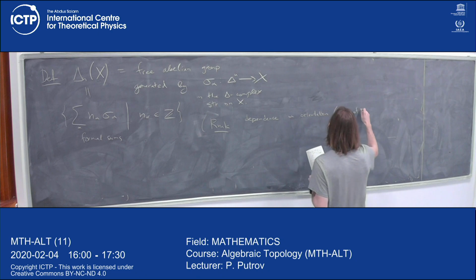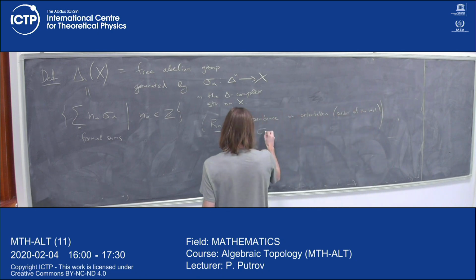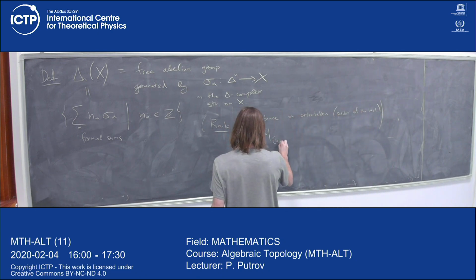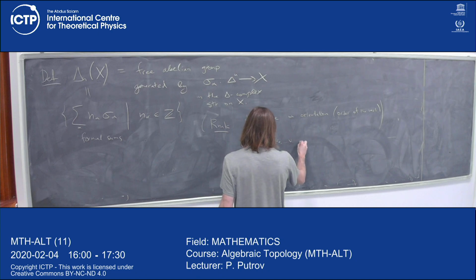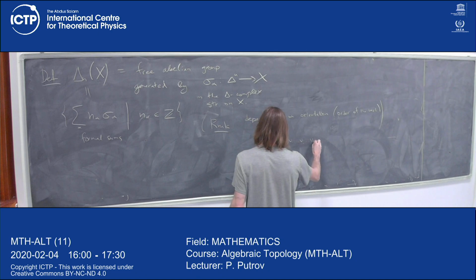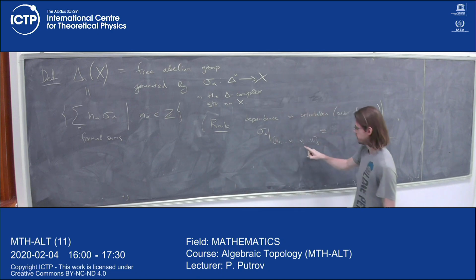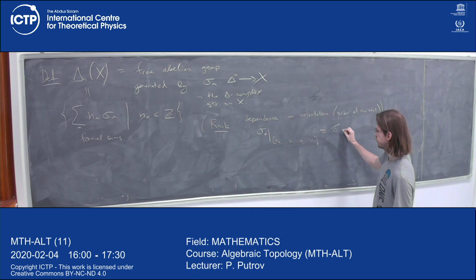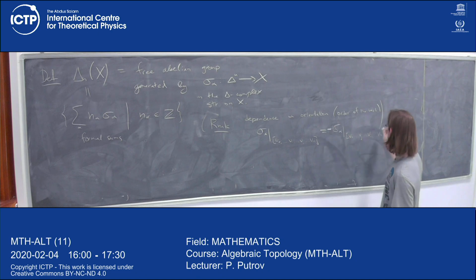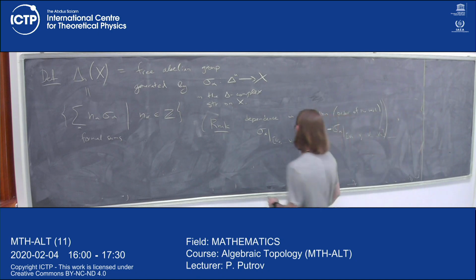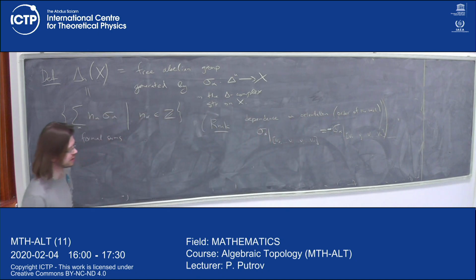The dependence is such that if I consider a map on some simplex with some chosen order of vertices, and I swap a pair of elements, a permutation of two elements, this corresponds to taking the same thing with the minus sign.